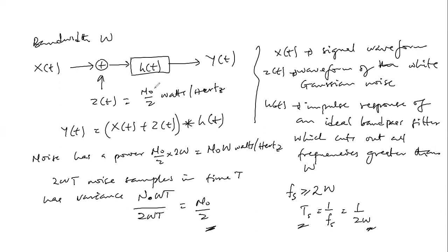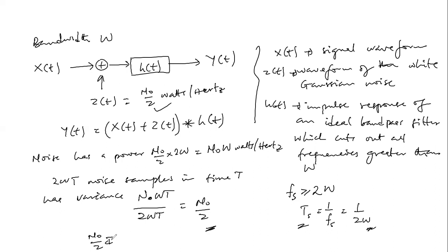Okay, that's how we got the noise variance. So that's the implication. So if we look at the input as a vector, in the 2TW dimensional space, for instance, we see that the received signal is spherically normally distributed about this point with a covariance N naught over 2 I.